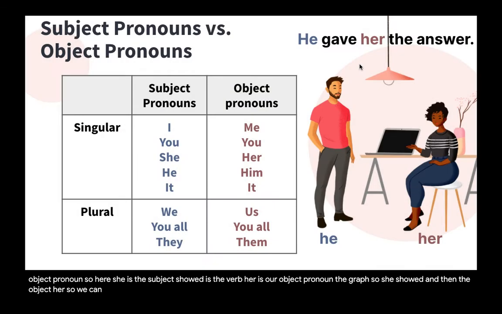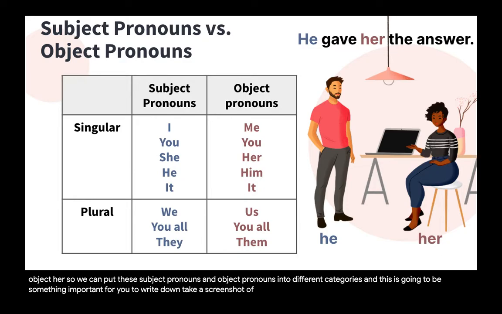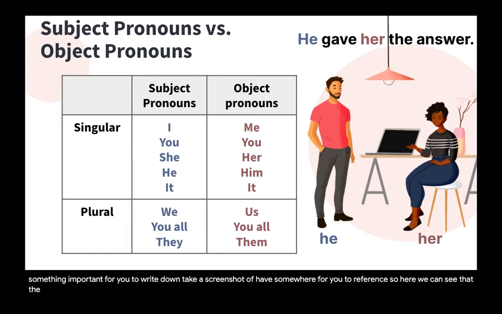So we can put these subject pronouns and object pronouns into different categories. And this is going to be something important for you to write down, take a screenshot of, have somewhere for you to reference. So here we can see that the singular subject pronouns are I, you, she, he, it.